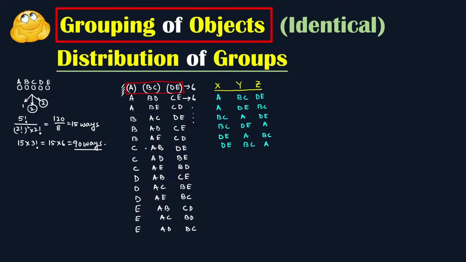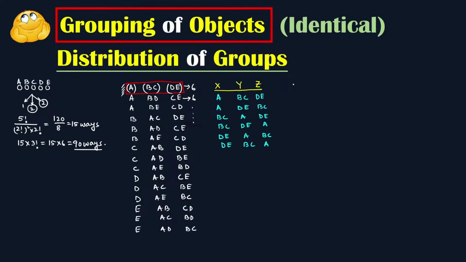So there are 15 such groupings formed, and each can be distributed among X, Y, Z in 6 ways. So there will be a total of 15 into 6, that is 90 ways. This is the case when all balls are distinct.